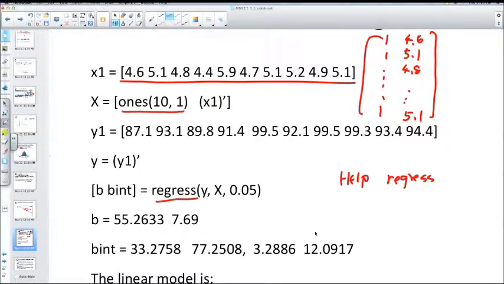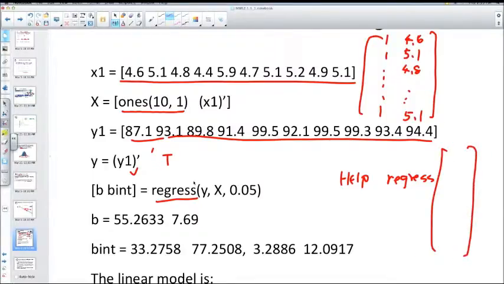Well, then your equation is this. Y is the food the chicken consumed. It's a 10. You see, when I put this prime, I transpose, it's a column of 10 elements. Put it this way, 8, 7, 1, and to the last one.